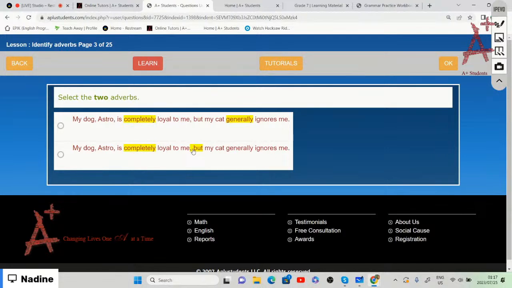We need to choose the two adverbs within the sentence.